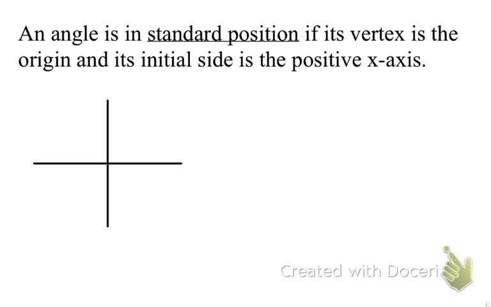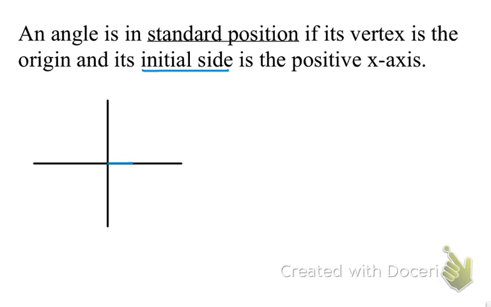So here's our coordinate plane, and an angle is in standard position in the coordinate plane if its vertex is the origin and its initial side is the positive x-axis. There's two sides to an angle.